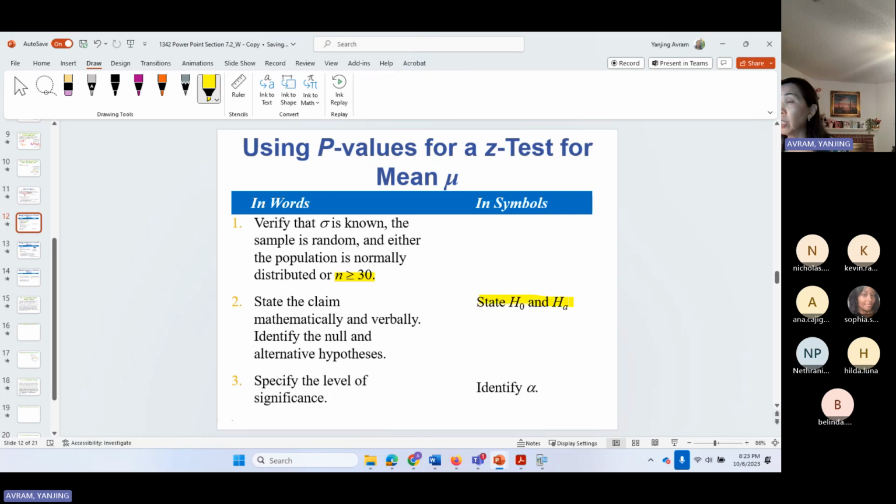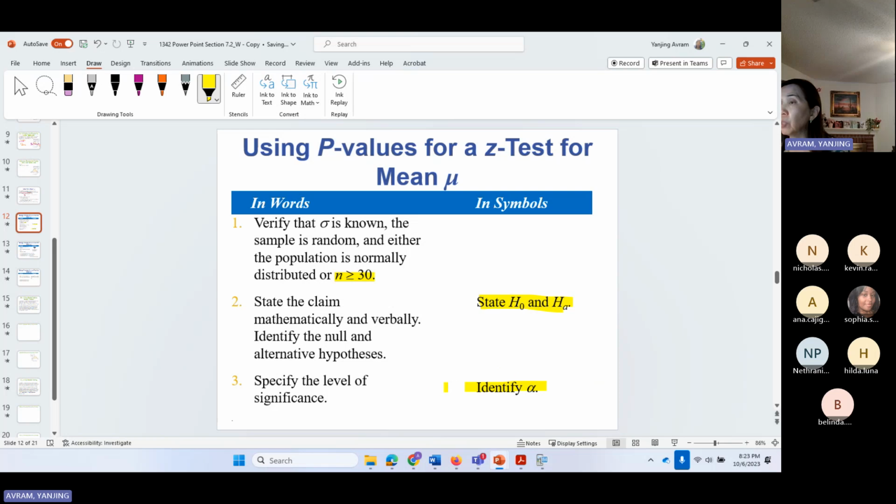The second thing, also the most important one, you will need to identify the null and alternative hypothesis, which is the one we talked about earlier, or we also had that in section 7.1, right? So that's step 2. You have to write down the null and alternative hypothesis, and then look at the alpha value.